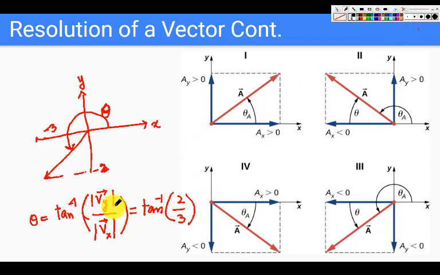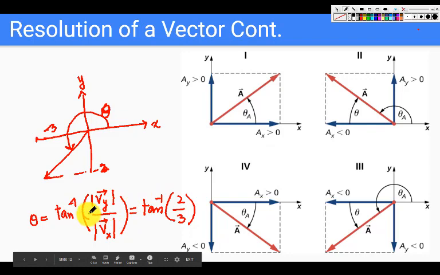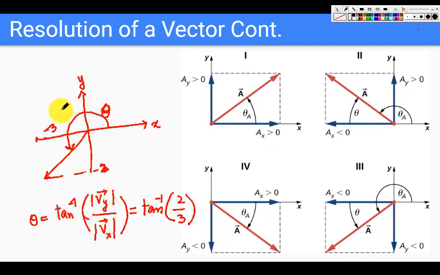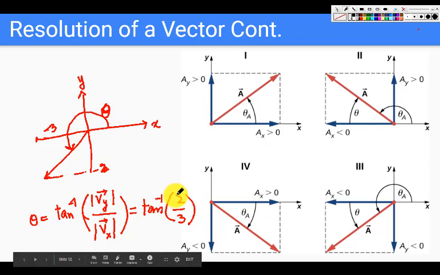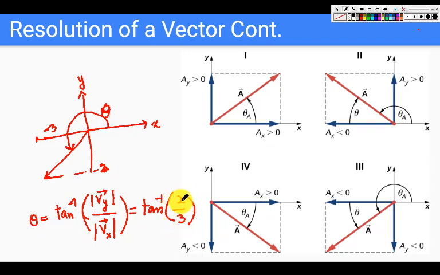So there are a few points that I want to make here. Even if this vector were in the first quadrant or the second or the third or the fourth, this would come out to be 2 by 3. Okay, why would it be 2 by 3? Because magnitudes do not care about sign.